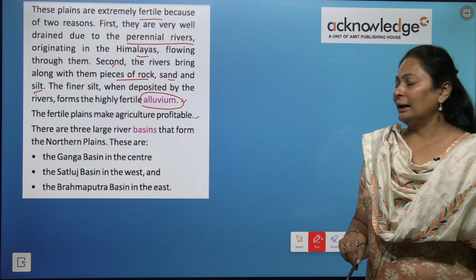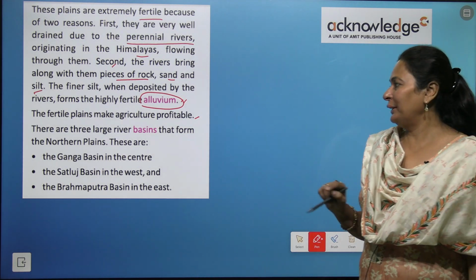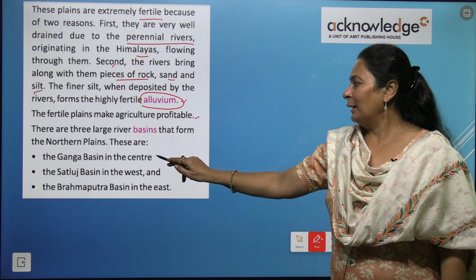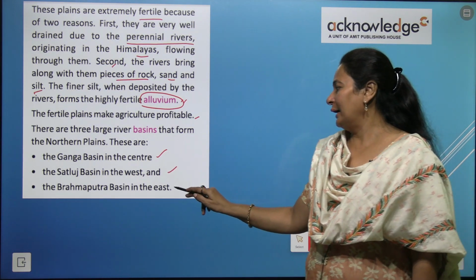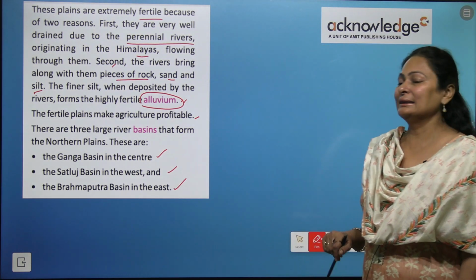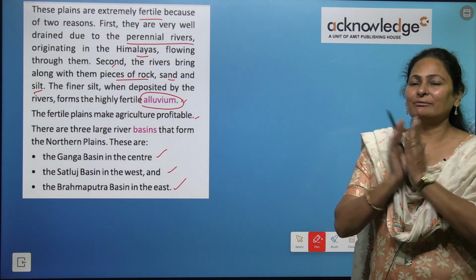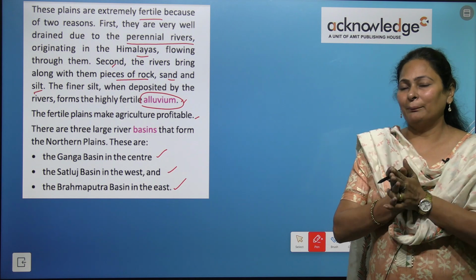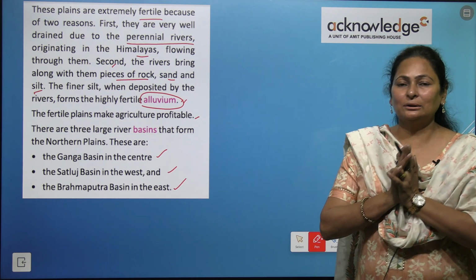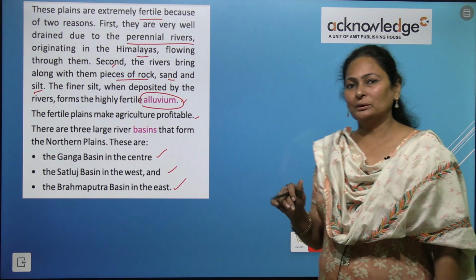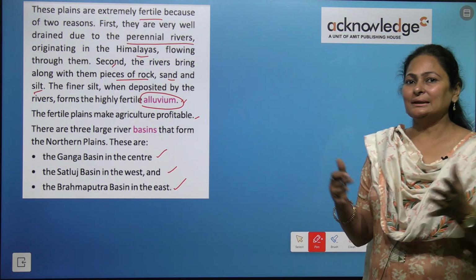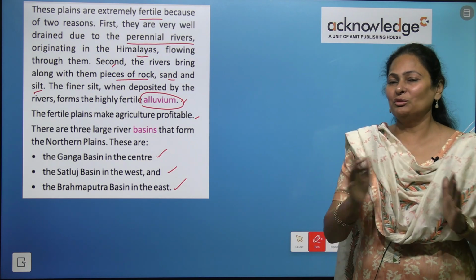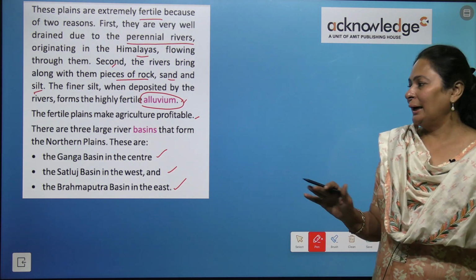There are three large river basins that form the northern plains. These are the Ganga Basin, Satluj Basin and Brahmaputra Basin in the east. Yes, we have three major rivers that originate from the Himalayan region: Ganga, Satluj and Brahmaputra. Basin means the main river along with its tributaries flows in this land mass, right?